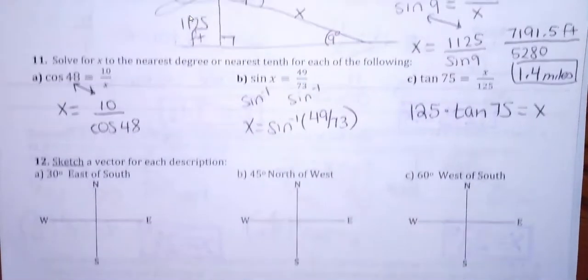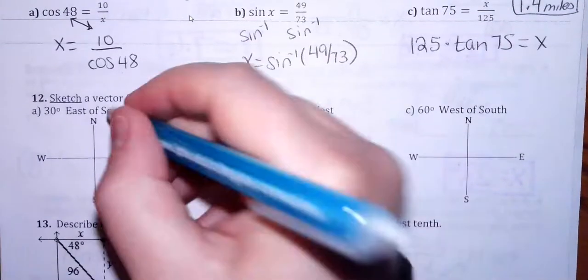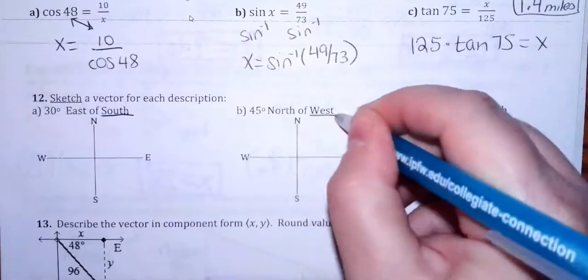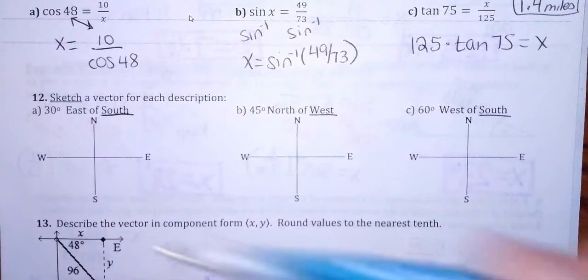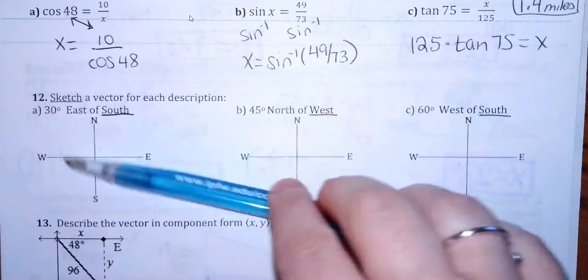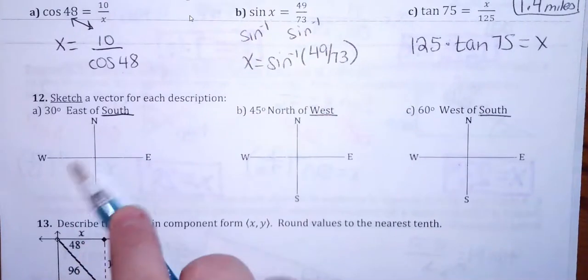For number 12, we're just going to sketch a vector. Now, whatever word comes second, that is the axis that you want to start on, and we're just going to kind of ballpark these as we go, so it doesn't have to be perfect. Now, the first one says 30 degrees east of south. So I want to start on the south side and go east of that, right? Here's the south, go east of that.